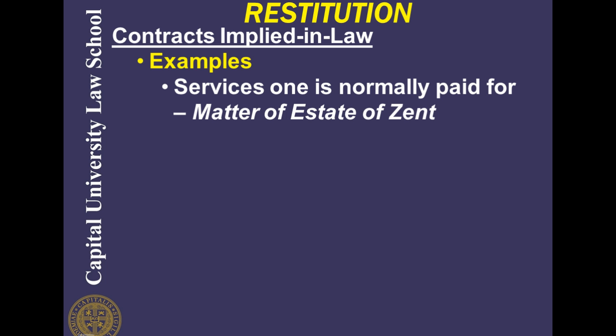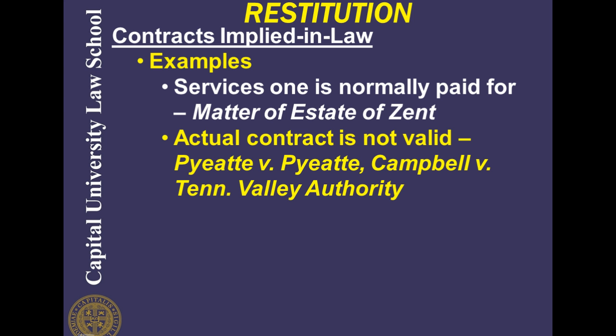And you see this playing out in the case of Matter of the Estate of Zent, where the woman provides health care and end-of-life care for an elderly gentleman and then sues the estate later to be compensated. And the court finds that in order to do justice, it's going to find a contract implied in law and grant her restitution for what she is seeking.